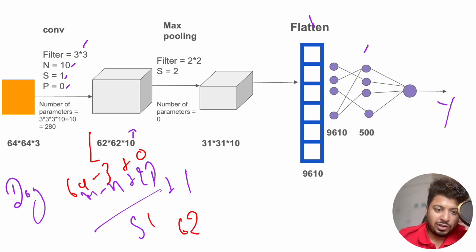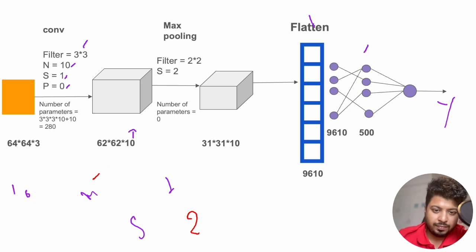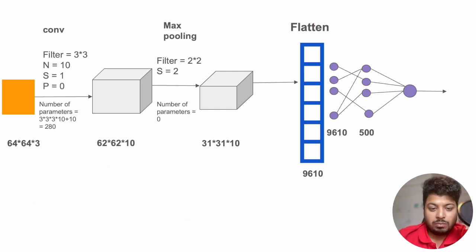That's why we are getting output 62 cross 62 cross 10. Perfect. So the moment we have got our first convolutional layer output, then we will apply a max pooling on top of it with a filter size of 2 cross 2. Stride is 2. So here the output is 31 cross 31 cross 10. Again, because the number of filters here is 10, this will continue here.